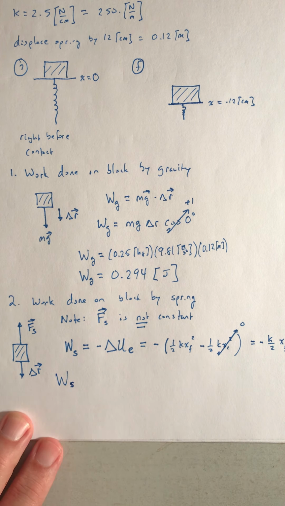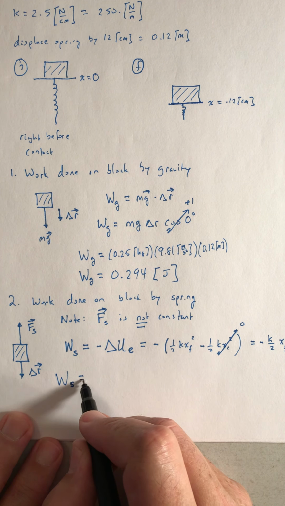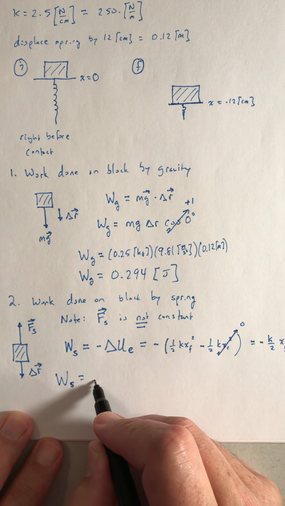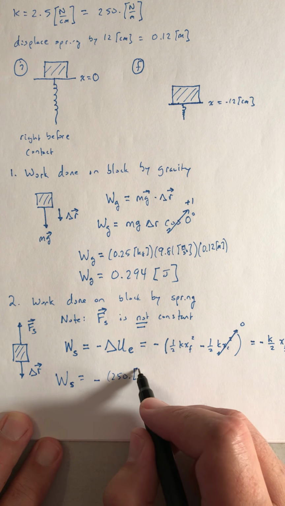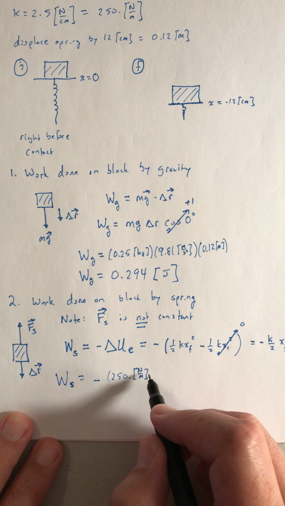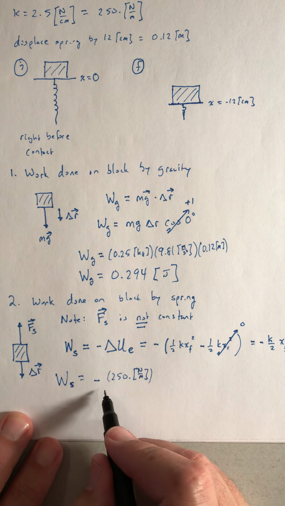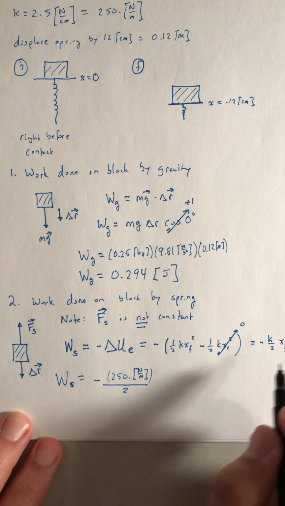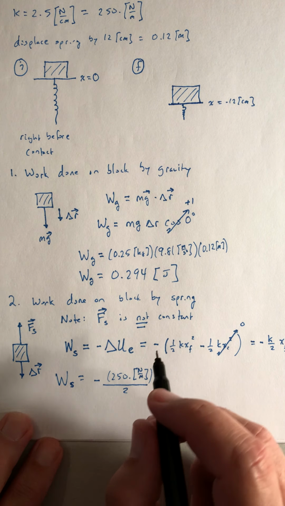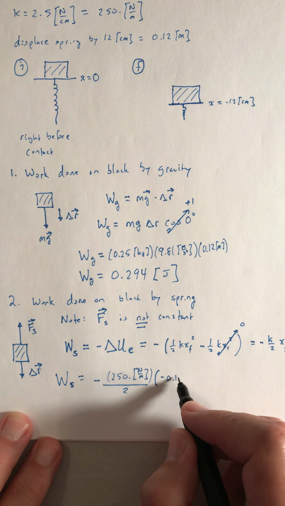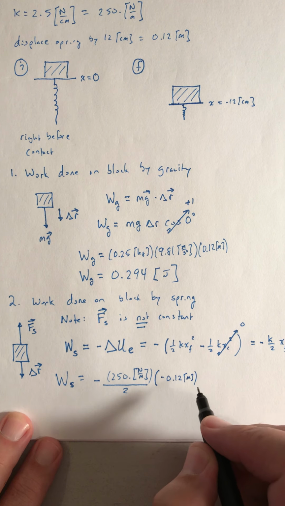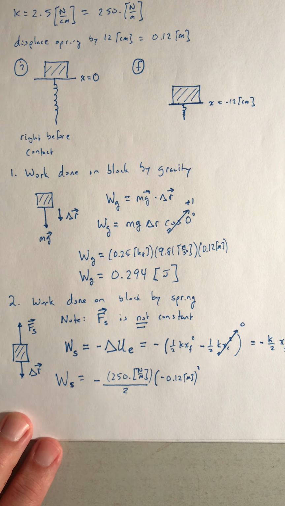Putting in values, the work done by the spring is minus 250 newtons per meter, it's the stiffness of our spring, I have our factor of 2, don't want to forget that, and then x final, minus 0.12 meters squared.